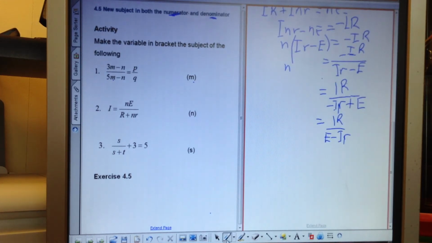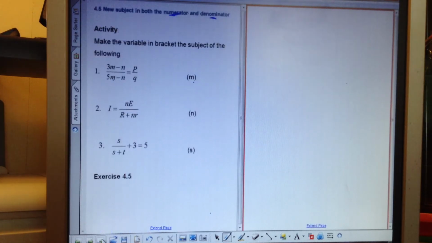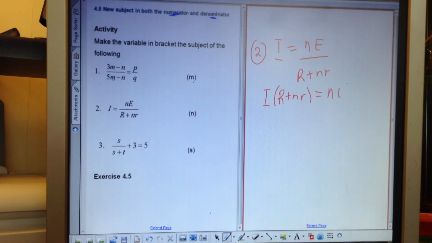Method 2 for this question. Having a method 2 for the same question 2, I equals ne over (r plus nr), we multiply by (r plus nr), so we get I(r plus nr) equals ne. This gives us Ir plus Inr equals ne.